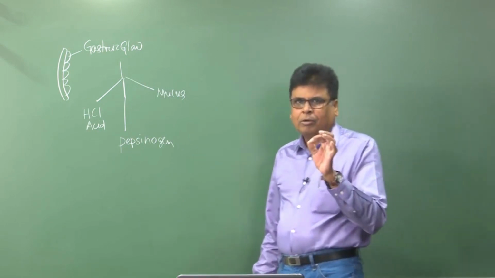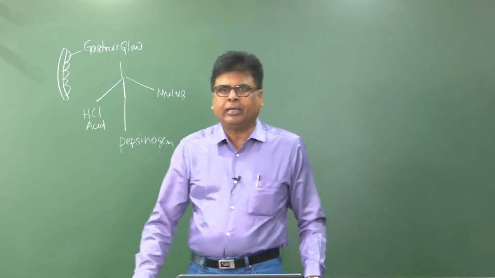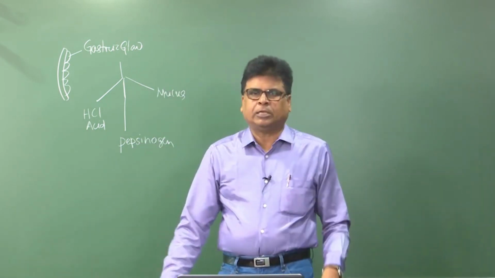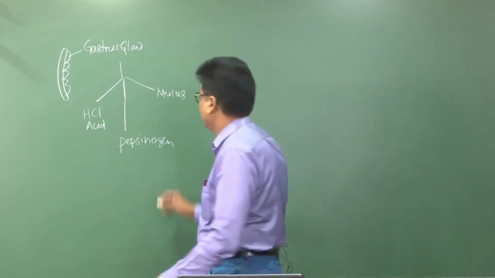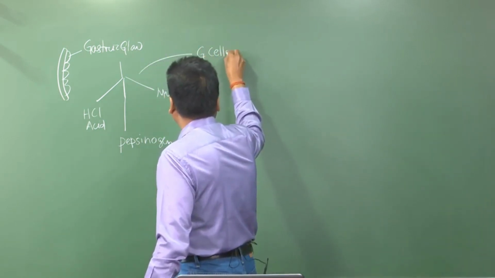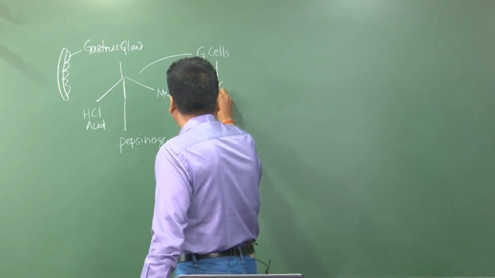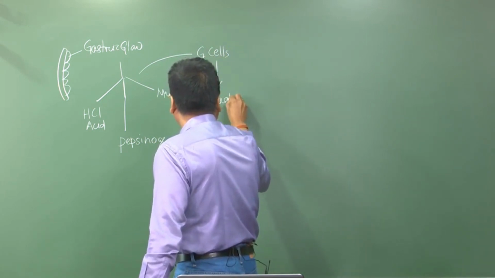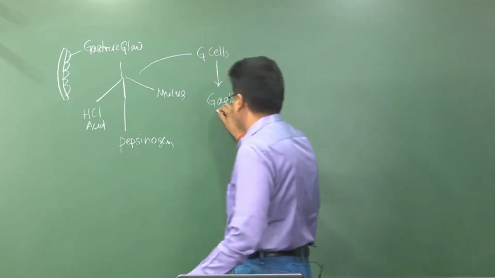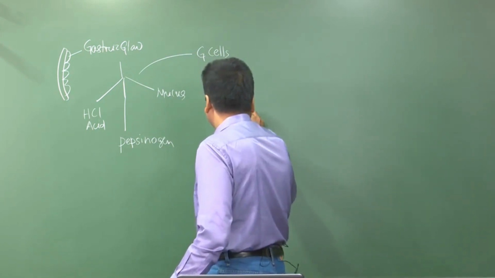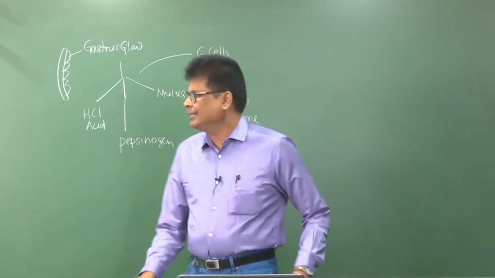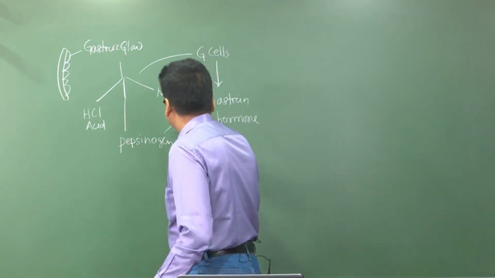Now we have seen that the G cells of the gastric gland or the gastric wall secrete one hormone that is known as gastrin hormone. This gastrin hormone stimulates the secretion of what? Pepsinogen.